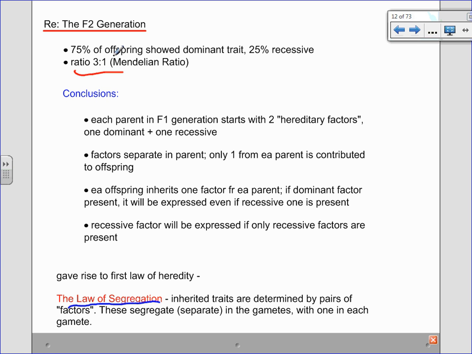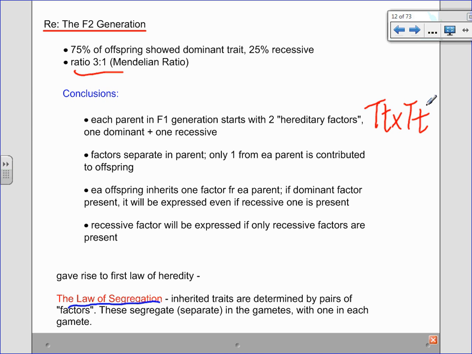So he said each parent in the F1 generation starts with 2 hereditary factors, 1 dominant and 1 recessive. If we were talking tall, then this is what they meant. Each parent, when we talk about a cross in the F1s, was heterozygous. They have 1 of each type.